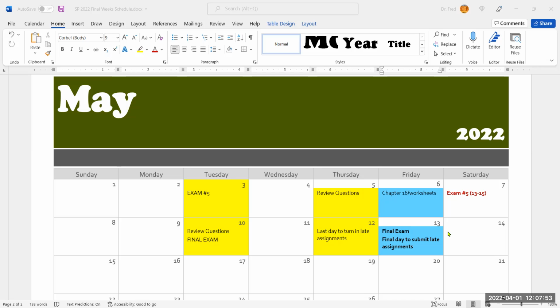Actually, Canvas doesn't calculate your grade until everything's been graded. So I'm still in the process of adding more updates, and you'll see that your grade will go up, especially when the labs kick in, and most of you, by and large, do very well in the labs, so that will kick you up to where you were originally, as I input the grades for that.